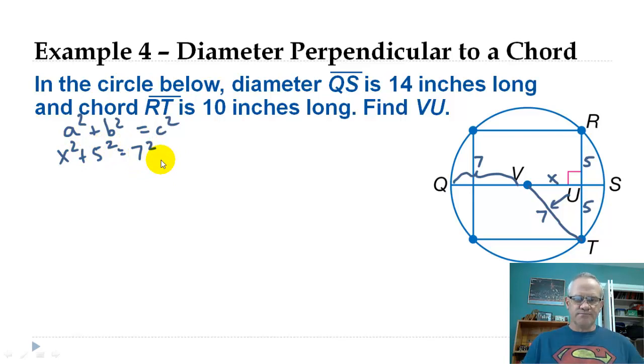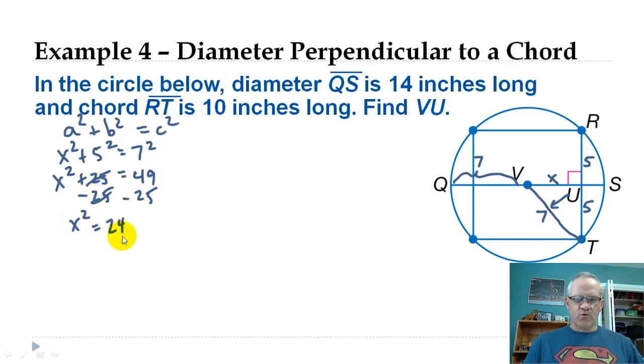We're going to solve that and then find out what x is. So x squared plus 25 equals 49 minus 25. So it looks like we have x squared equals 24. How do we undo the square? We take the square root.